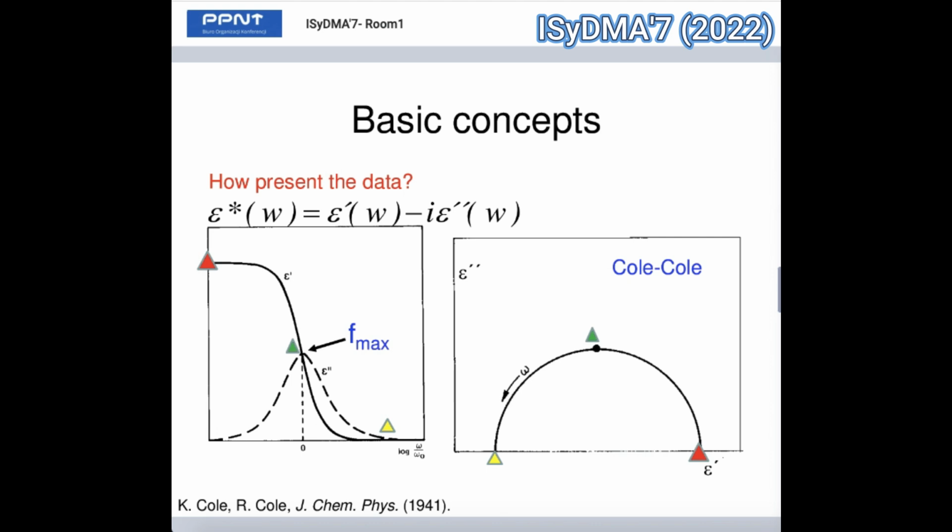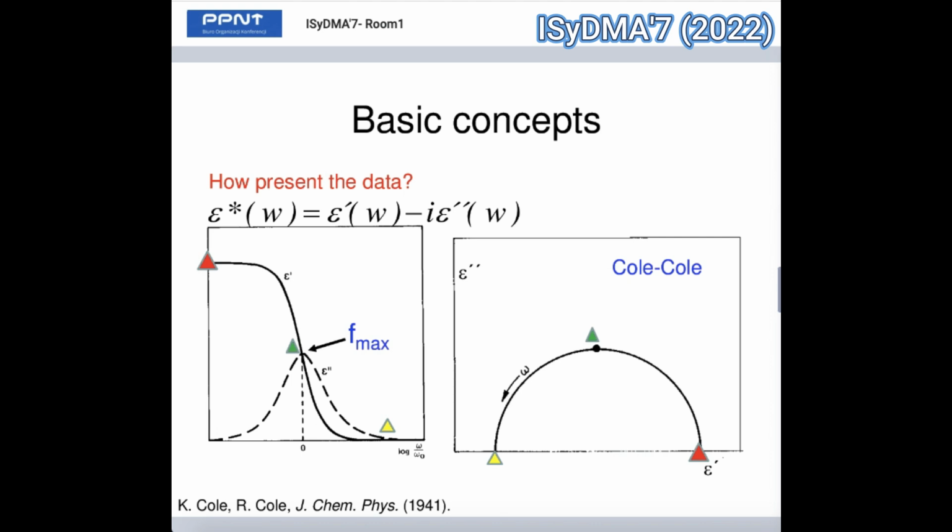And in the middle, more or less, we know that epsilon double prime has a maximum. So we see the epsilon prime decreases here. So the frequency increases from the right to the left. So it passes from here to here. And epsilon double prime passes to this point, that is the maximum, that corresponds to this green triangle here.